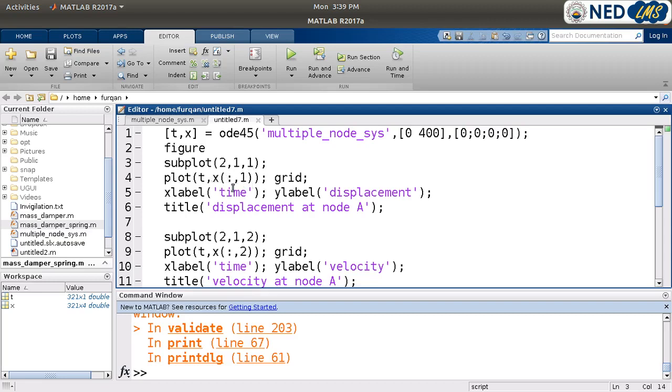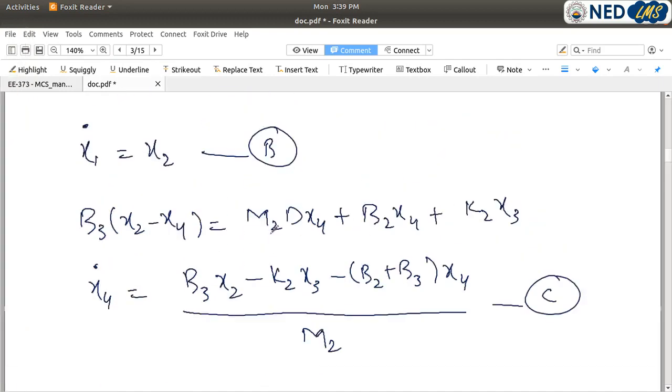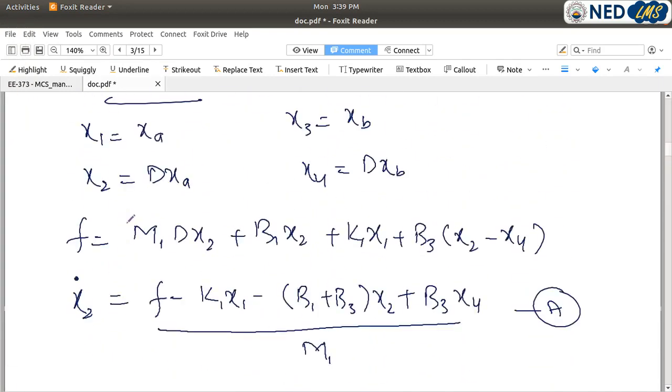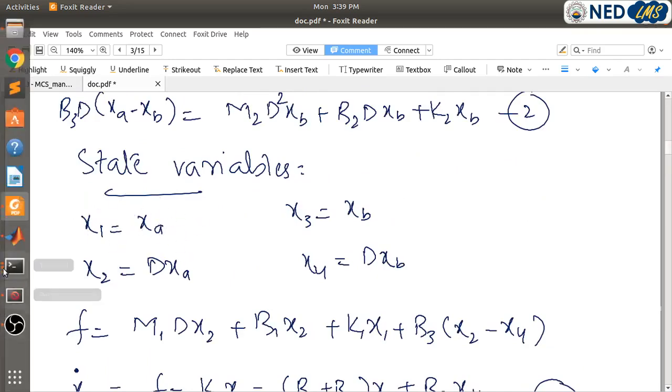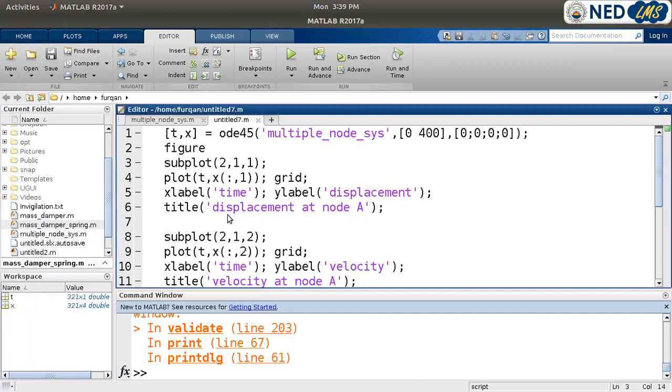We have comprehensively discussed in the previous lab session why we have written x1 like this in plotting, and x label is time, y label is displacement, as x1 is displacement in our case. X1, the assumed state variable, is the displacement at node A. So the title is displacement at node A.